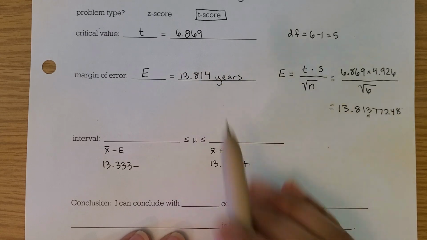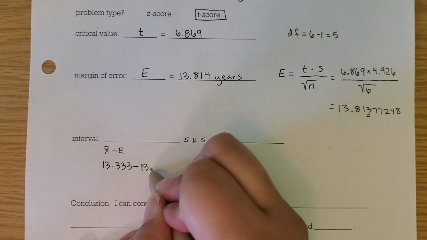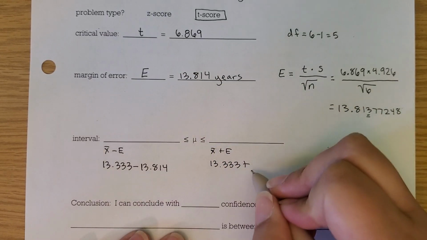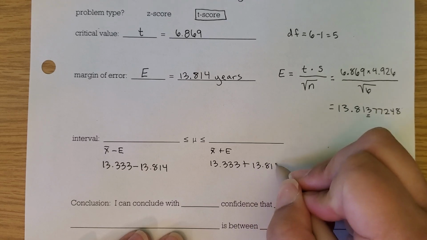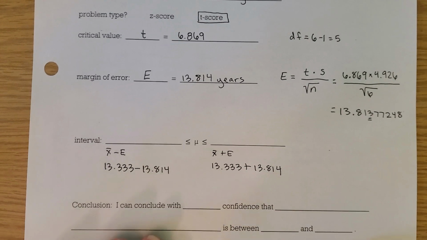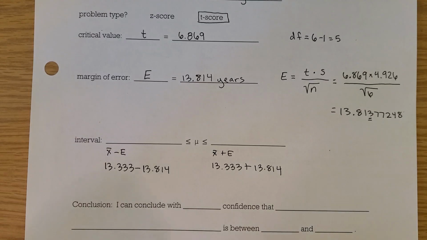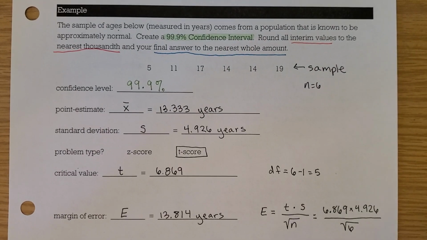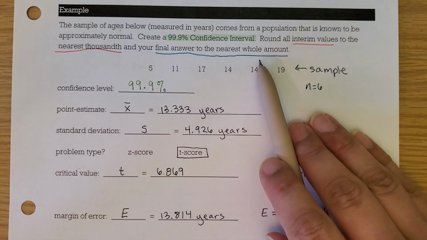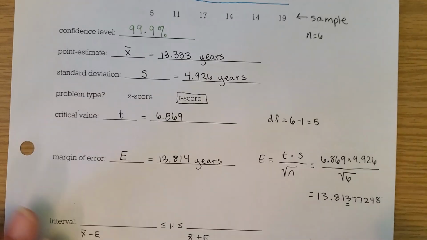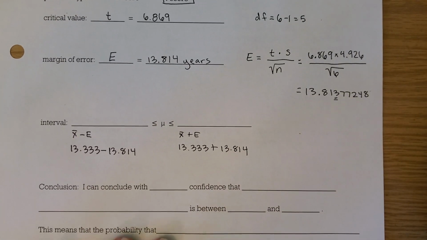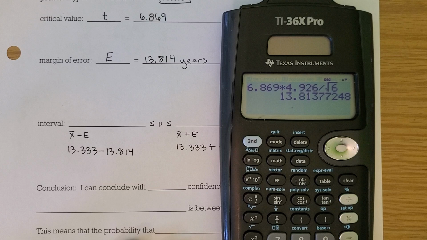And we've got 13.814. Now, the interval is going to be our final answer. So our final answer gets rounded to the nearest whole amount. 13.333 minus 13.814.